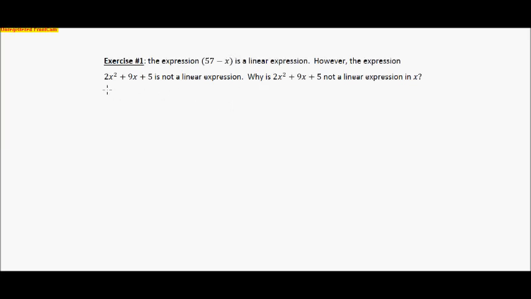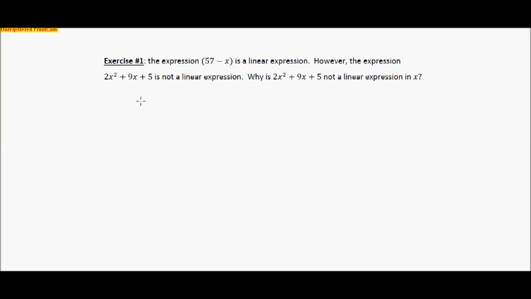However, the expression 2x squared plus 9x plus 5 is not a linear expression. So why is 2x squared plus 9x plus 5 not a linear expression? Well, what we just said: it is not a linear expression because it has a variable with an exponent of 2.